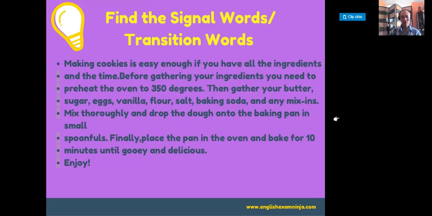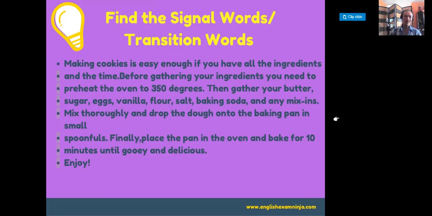Then gather your butter, sugar, eggs, vanilla, flour, salt, baking soda, and any mix-ins. Mix thoroughly and drop the dough into the baking pan in small spoonfuls. Finally, place the pan in the oven and bake for 10 minutes until gooey and delicious.